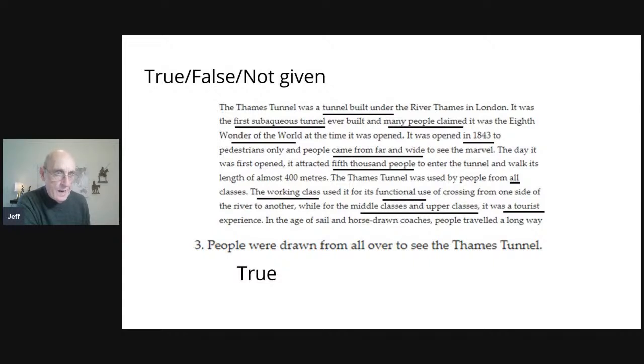And so we have information in the passage that confirms that number 3 is true. How are you doing so far? I hope that you're finding this helpful. You know, it does take a lot of different types of skills to answer questions of many different types in the IELTS exam.